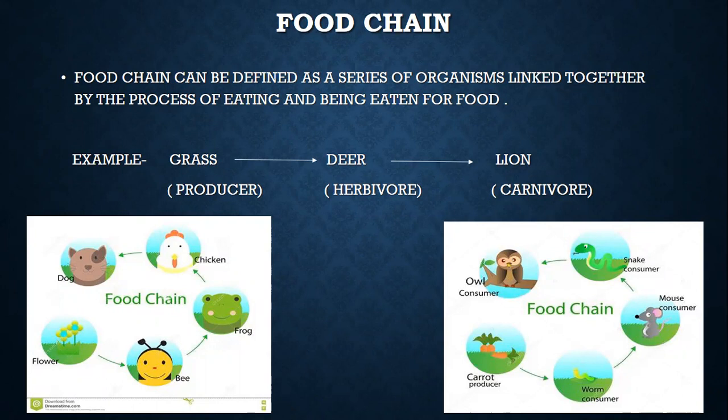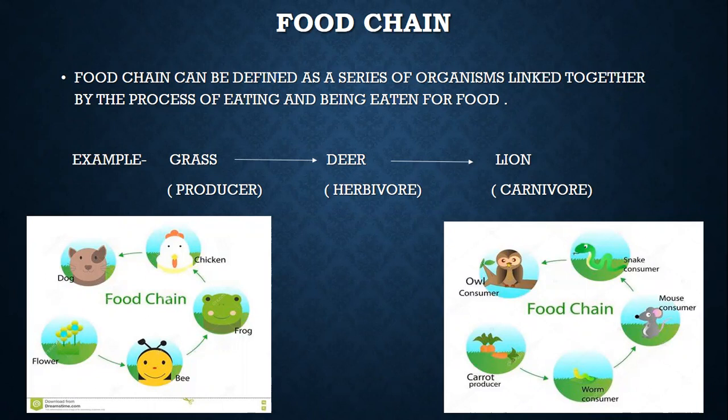Yes, the main source of energy on earth is the sun, because plants prepare food with the help of the sun. So plants utilize the solar energy and prepare food, while animals are not able to utilize this energy directly. So they get energy by eating green plants.